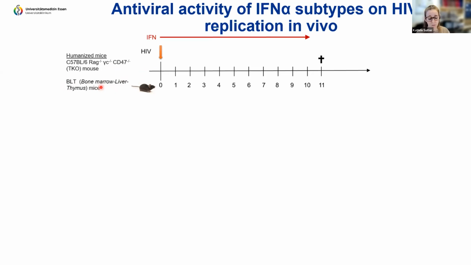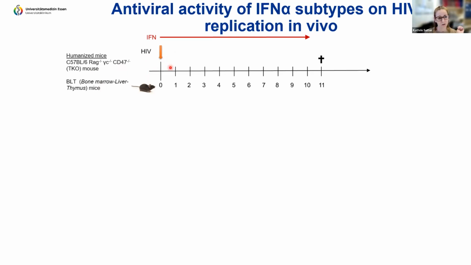If you take out some blood and you measure them, all immune cells are human. And then you can start to infect these mice with HIV or HBV or every human virus you want to use. So what we did then, we infected these mice with HIV because now they have the human CD4 on the surface of the T cells, and also the co-receptors, so CCR5, CXCR4.